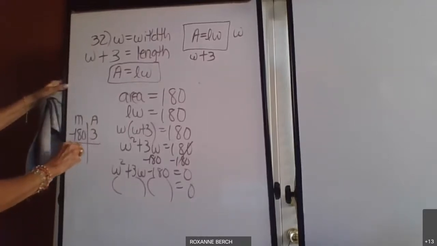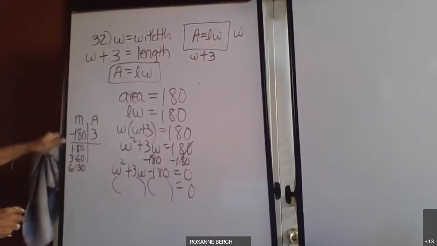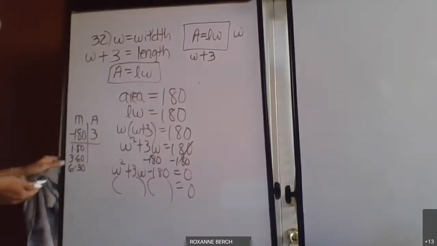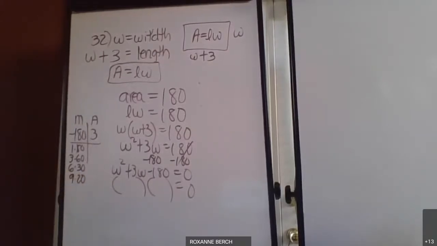One times 180, 3 times 60, 4, 5, 6 times 30. It's got to be bigger. 9 times 20. Can you guys help me out? Does 12 go into 180? Does 13 go into 180? Does 14 go into 180?